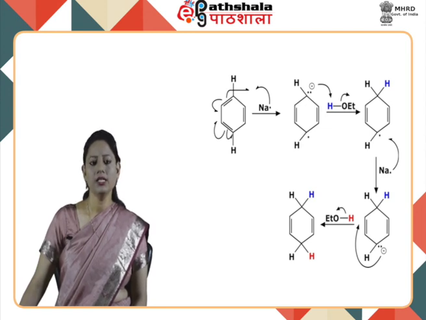The anion, that is the carbon carrying the negative charge, abstracts a proton from the solvent ethanol molecule, and the radical again accepts an electron from sodium radical to form a negative charge carbon center at the other part of the benzene nucleus, and this further abstracts a proton from ethanol and the cyclohexadiene molecule is generated.